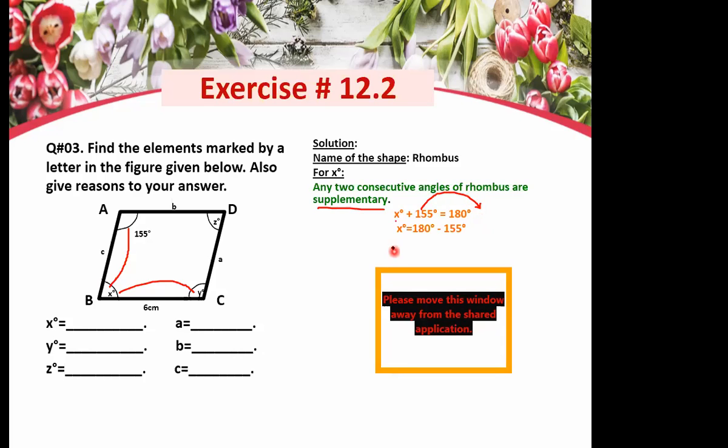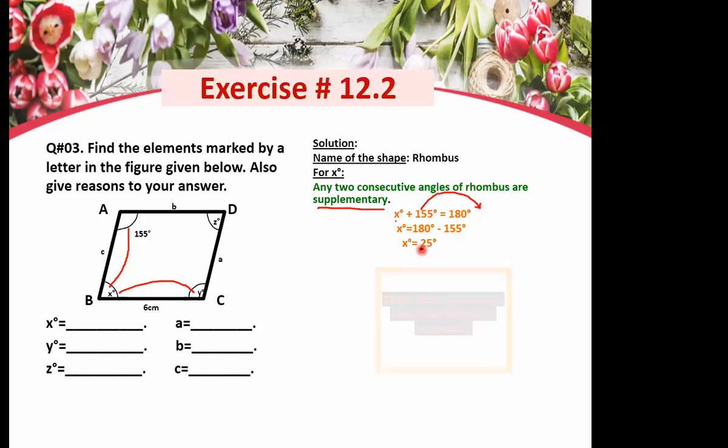So in the next step you will write x equals 180 minus 155, and after subtracting 155 from 180 your answer will be 25. So it means the measurement of this angle will be 25, right?